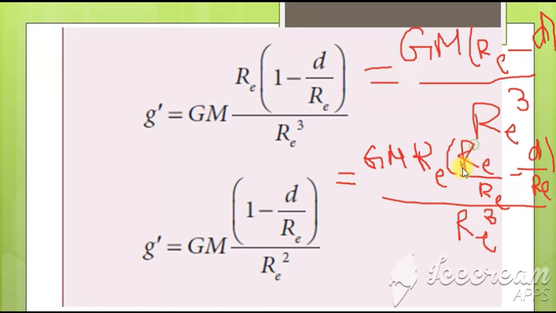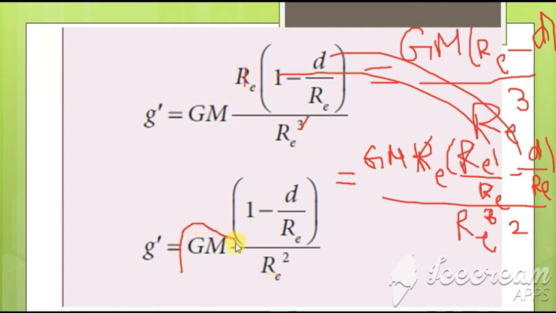Okay, this Re and Re, if we cancel, we get 1, and this Re and this Re, if we cancel, we get square. So 1 minus d divided by Re is there as it is. Now this value, if you cancel, we get Re square.